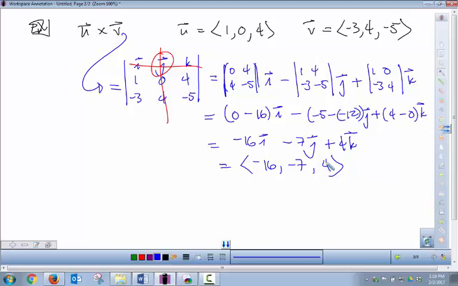All right, something interesting about the cross product compared to the vectors that you crossed them with.